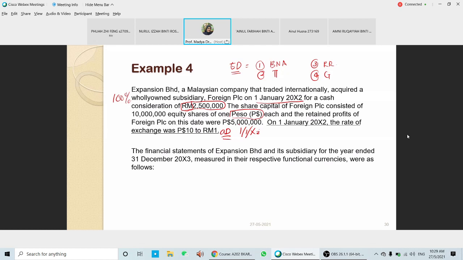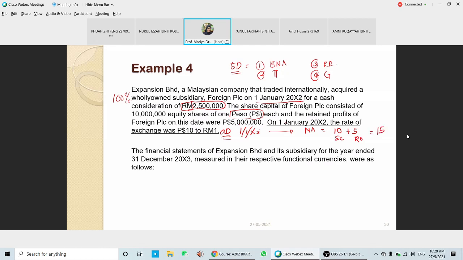If you look at the net asset on 1st of January X2, you have 10 million from share capital and 5 million from the RE. So altogether you have 15.